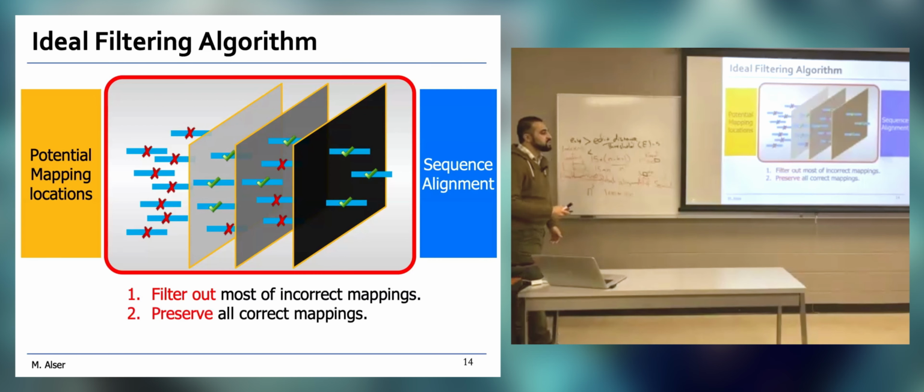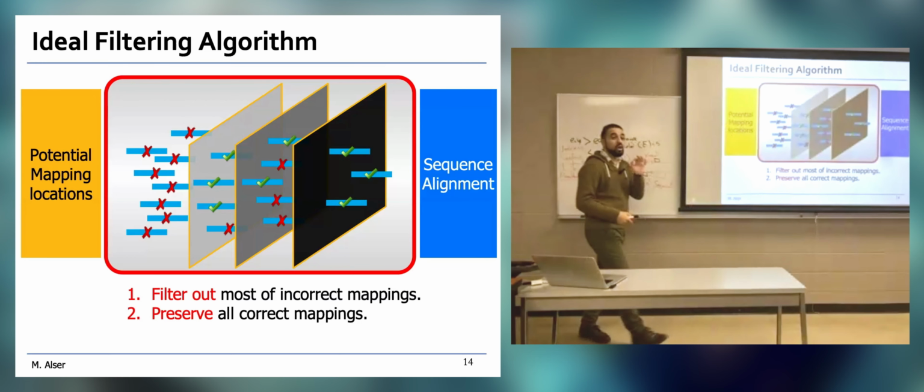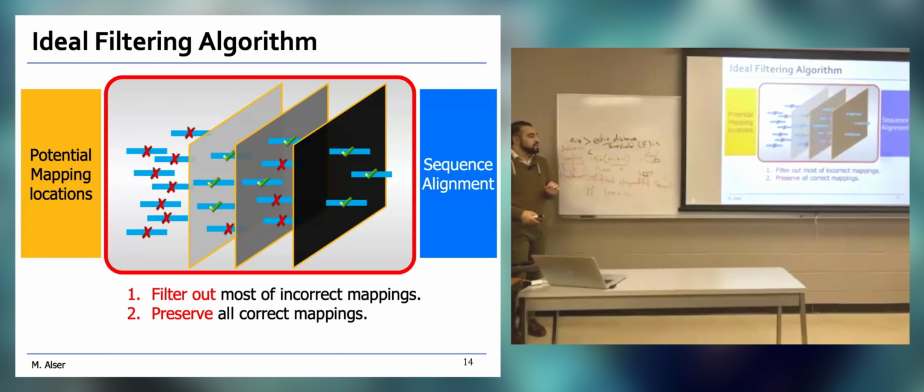The second property is to preserve all correct mappings. And here it's very important to note the word all. What does it mean? It means when we have similar sequences, we should keep them, because those are the things that we are looking for, the things that cause disease, right?